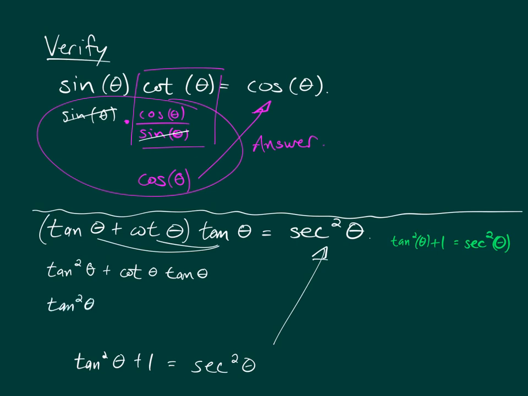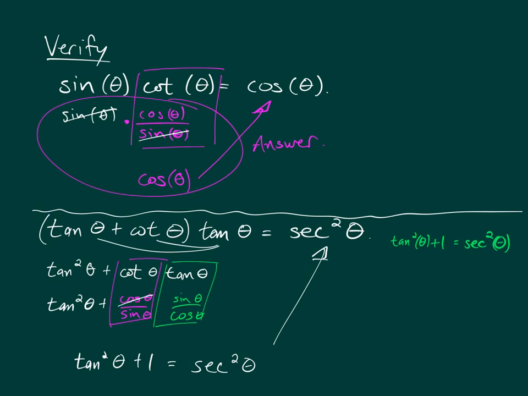But I want to rewrite cotangent again, like we did here. Cotangent to be cosine theta over sine theta, and tangent as sine theta over cosine theta. So here cotangent simplifies to this and tangent simplifies to this. Oh yeah, check this out.